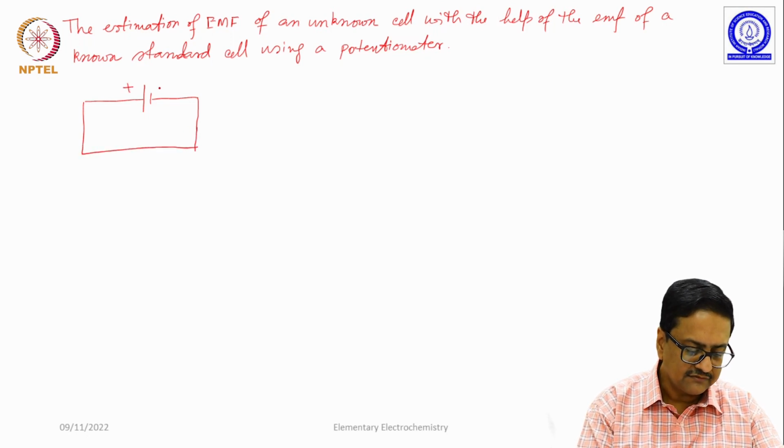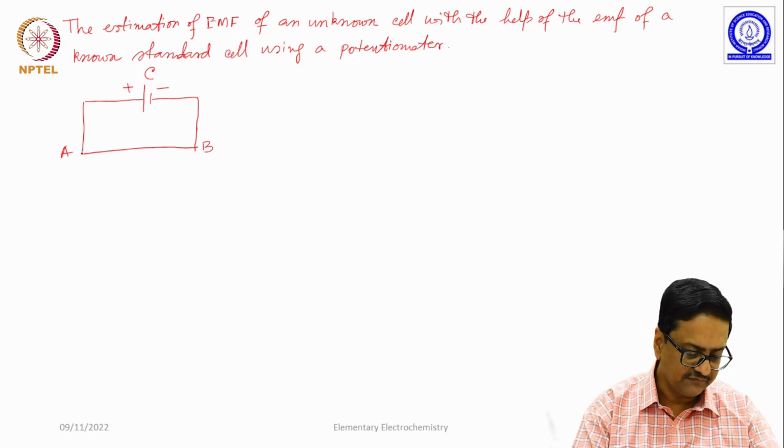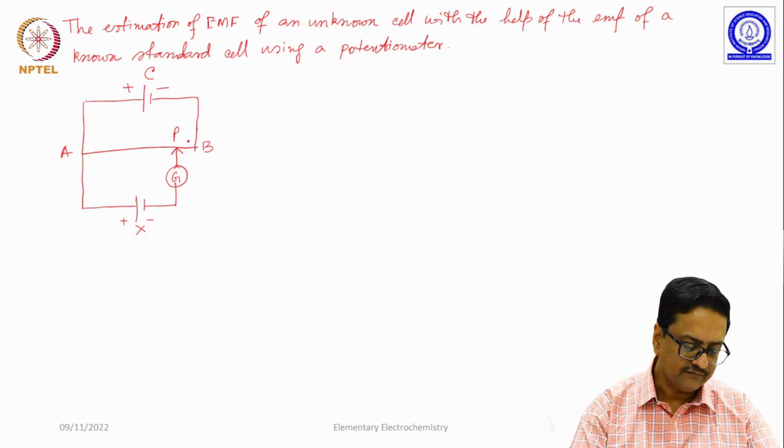So, we have a cell connected like this, which is marked as C, and we have a wire connected from A to B of uniform cross section. Then we need to connect our unknown cell X in such a way that it opposes the potential of the cell C, and it is connected through a galvanometer to point P, which is a movable point.